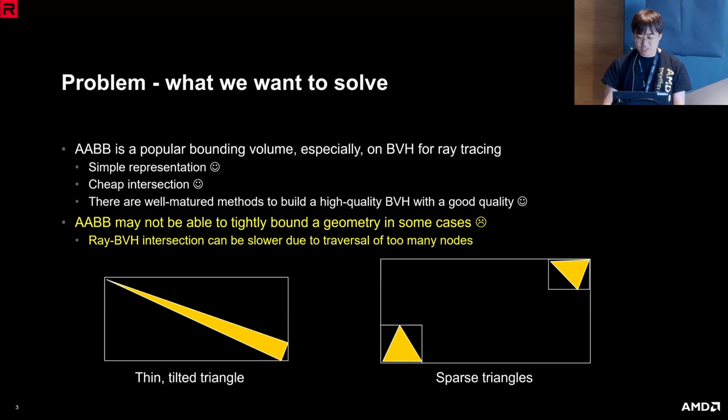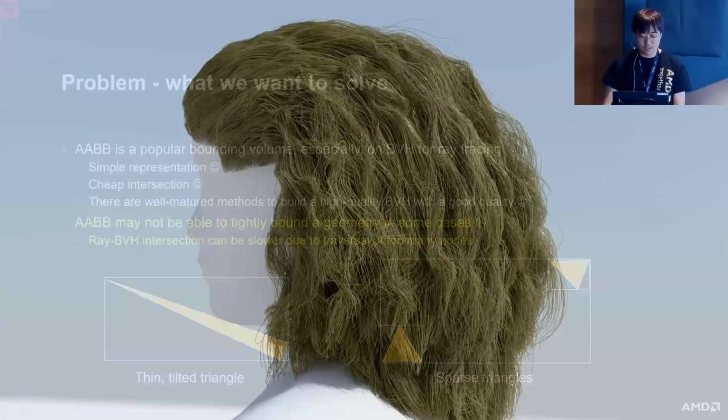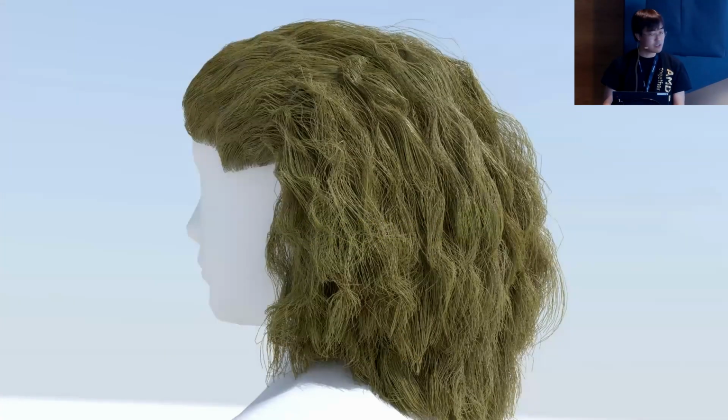Ray BVH intersection can be slower due to traversal of too many nodes. It's not a corner case. For example, here and far geometry like this, they can be very thin and often not axis aligned. So we will tackle this kind of situation.